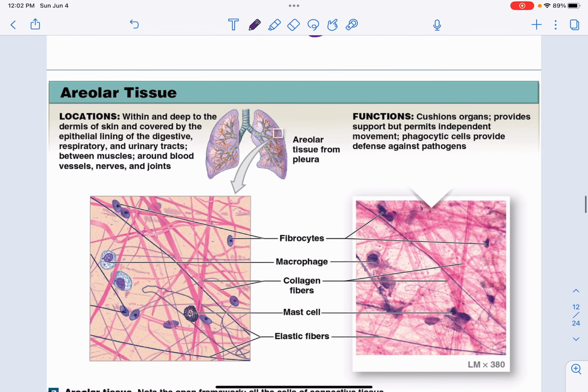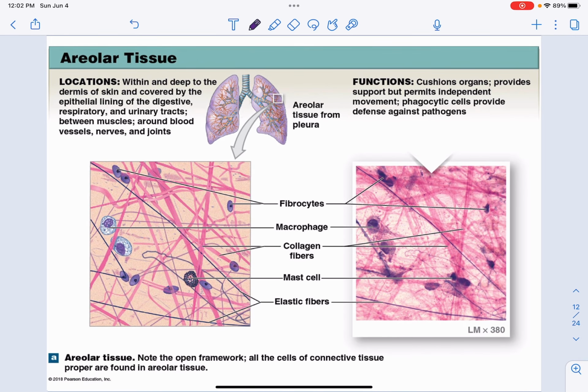All right, so let's begin with areolar connective tissue. So here are a few of the locations as well. I defined some of the locations in the previous slide. Areolar connective tissue is found deep within the dermis of the skin. It covers the epithelial lining of the digestive tract.